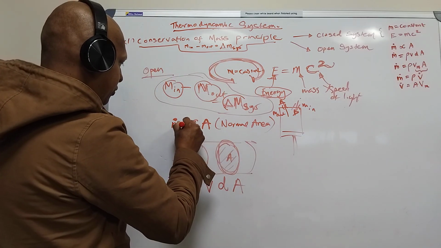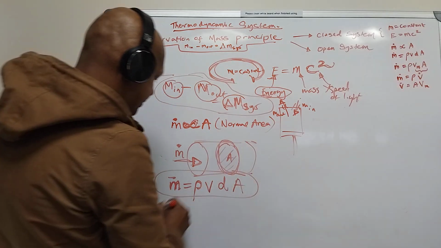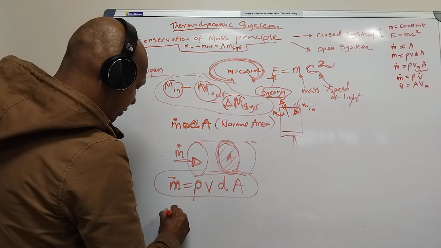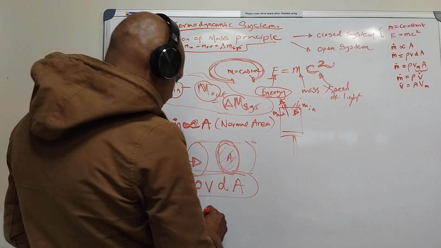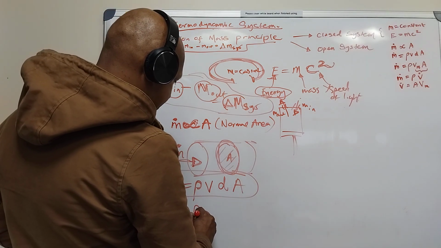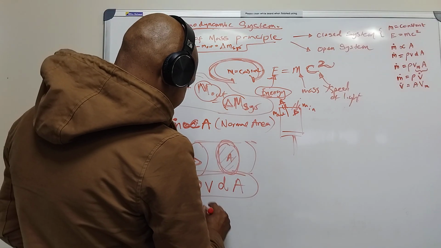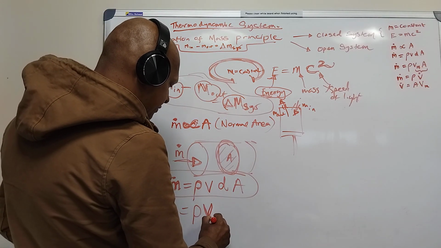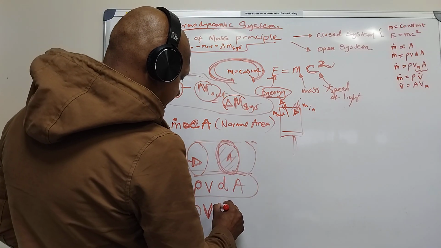The proportional side goes away, so that becomes that equation. So mass flow rate equals rho times V, where V is the velocity, and then A.